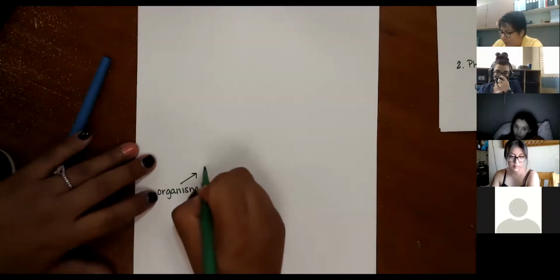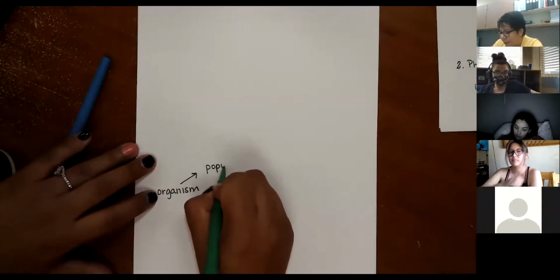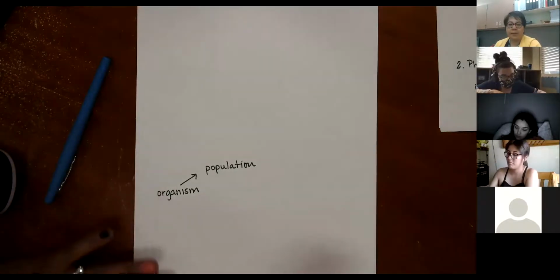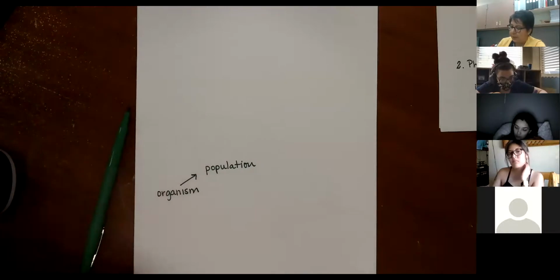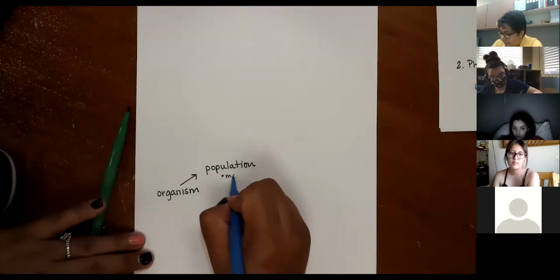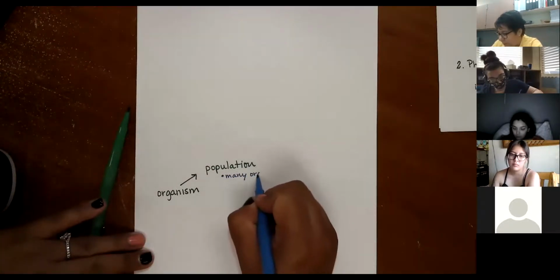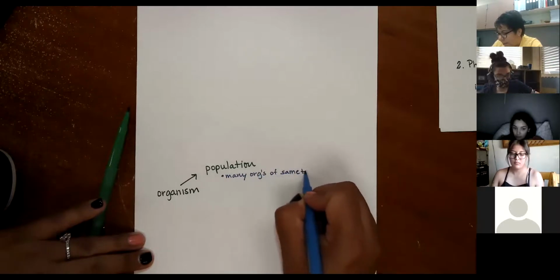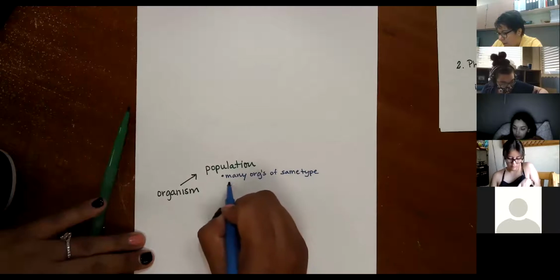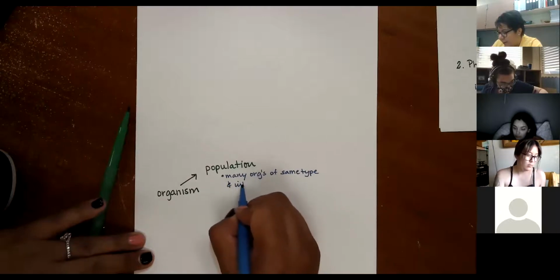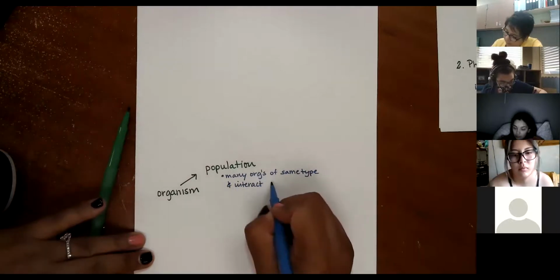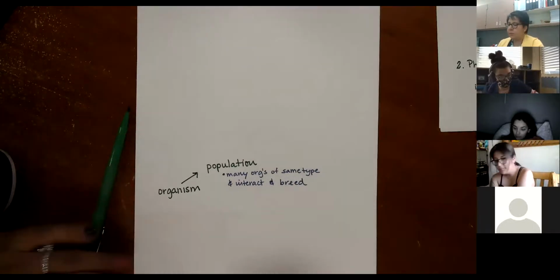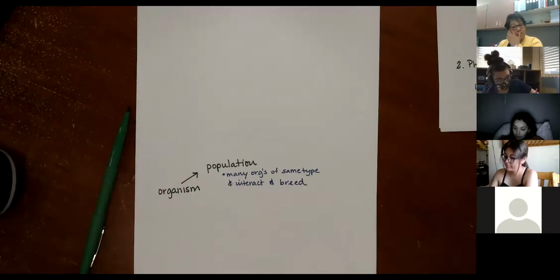And if you have a group of them that can reproduce, they're called a population. So again, a population is many organisms of the same type that can interact, and they can breed. They can reproduce to make more of their kind.